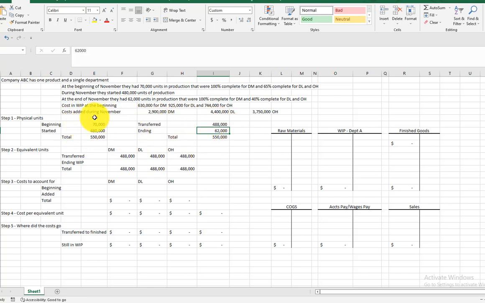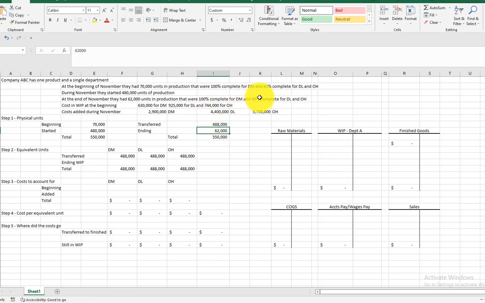I mean, if you're missing 2, now it becomes a problem. But if you're missing any one of those, and you know the others, you can figure it out, because it has to equal 550 and 550. Okay, so that's step one. We know where all our units are. Okay, 488,000 were completely finished and transferred to finished goods, and the other 62,000 units are partially done.